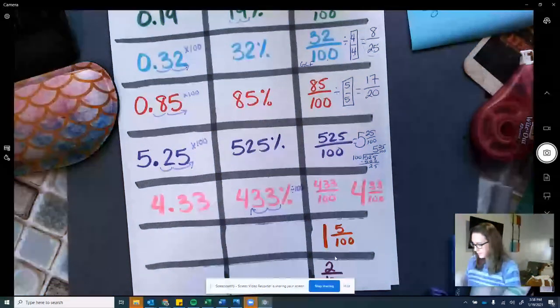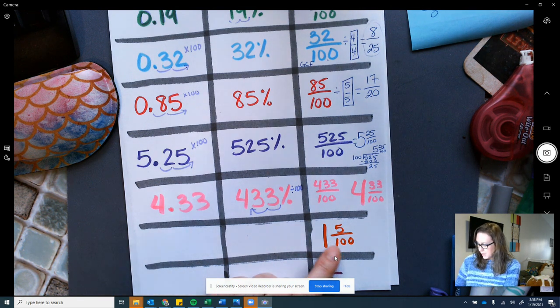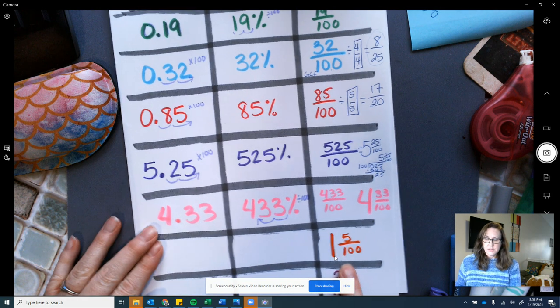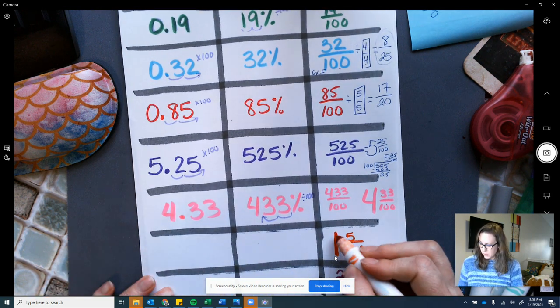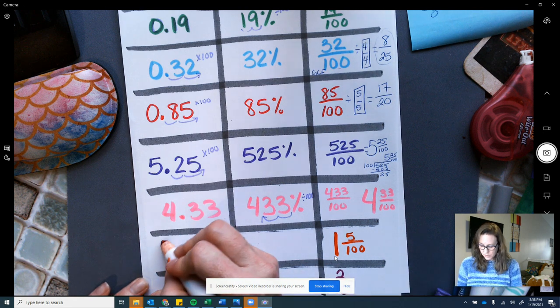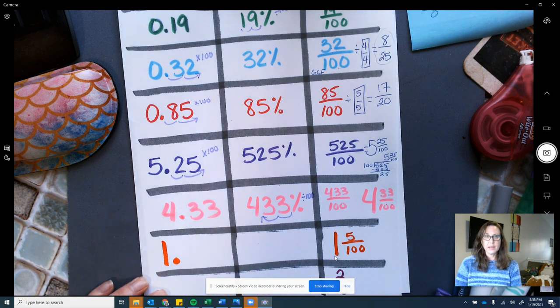All right. Now we've got 1 and 5 100ths as a fraction. So I'm going to start with my decimal on this. I've got 1 whole, so I've got 1 and my decimal. Now I've got 5 hundredths.